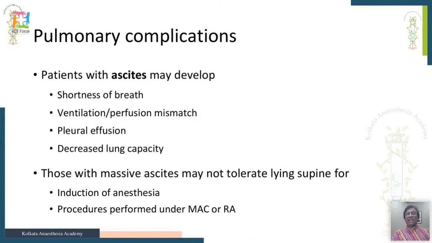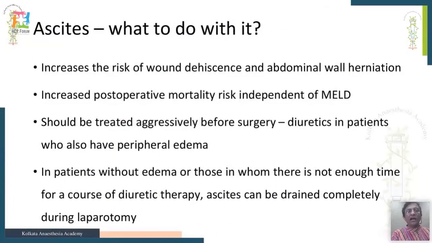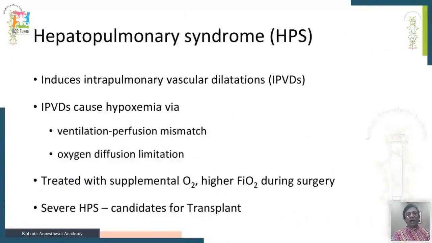Pulmonary complications are mainly due to ascites when they have shortness of breath, and for anesthesia, you can have difficulty when they are lying supine during induction, or even when doing spontaneously breathing regional anesthesia. Since they can have poor surgical outcomes, it needs to be treated aggressively, with diuretics pre-op, or if you think that you do not have the time, then a laparotomy and draining it out.